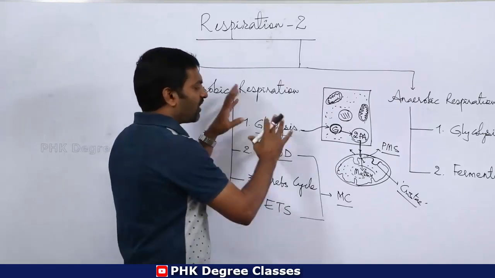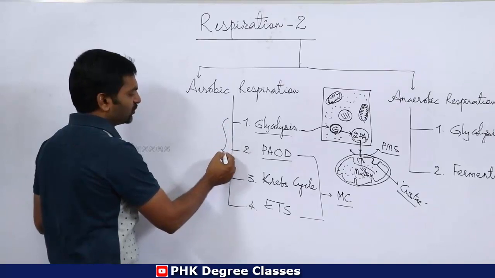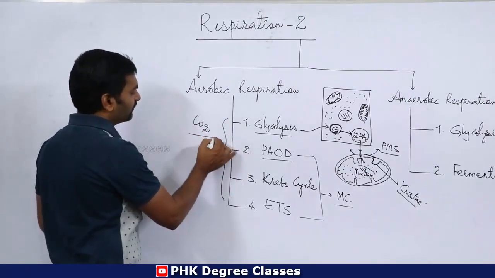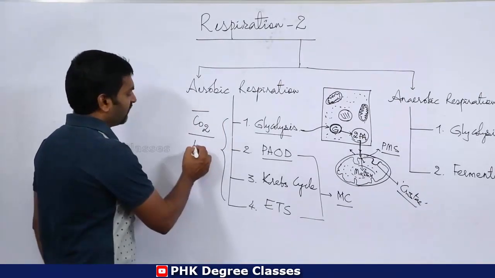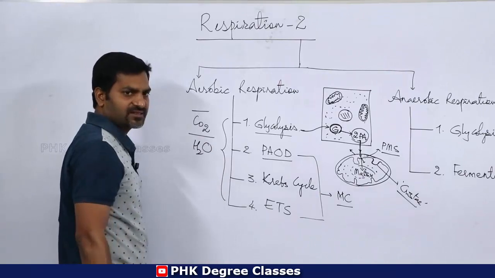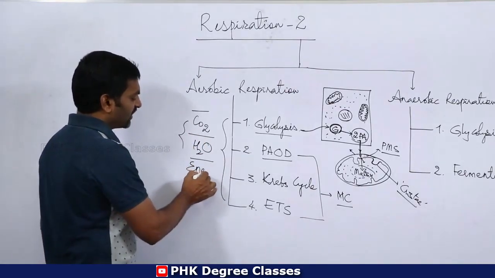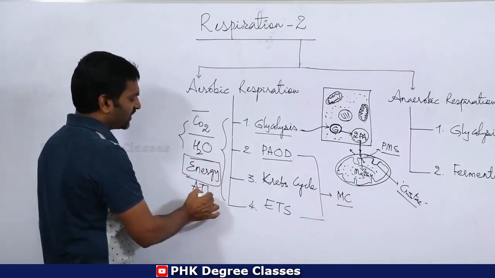So due to all the 4 steps, CO2 liberation takes place and water formation takes place. Then apart from these 2 compounds, we get energy. In the form of what?